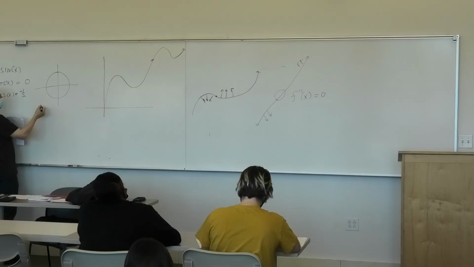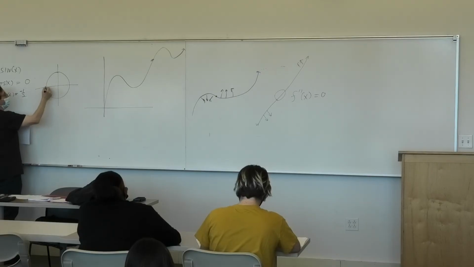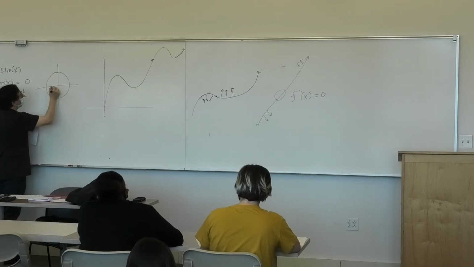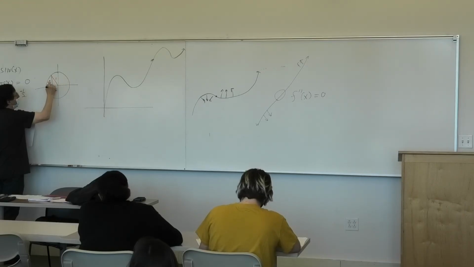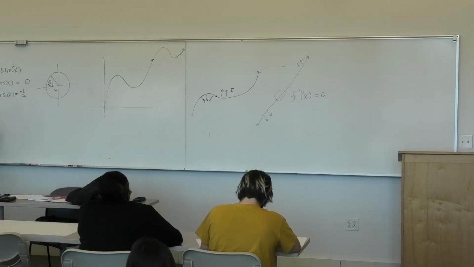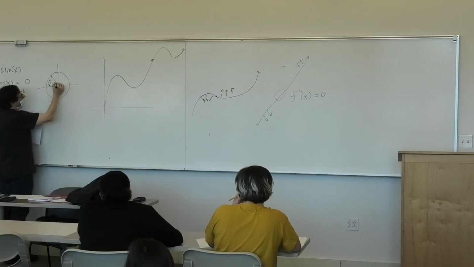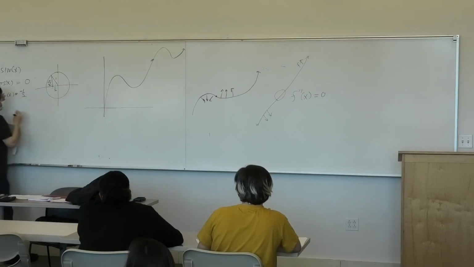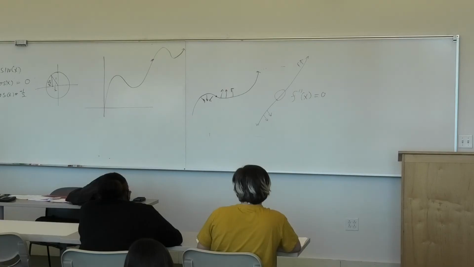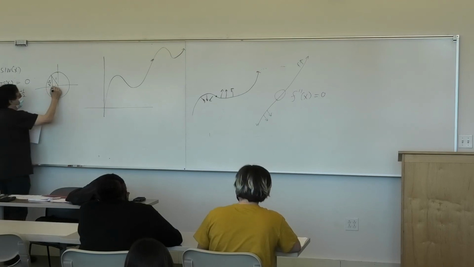Our cosine is the x coordinate, right? So what's this angle here? This is a 60-degree angle, so 120, what's 120? 2 pi over 3. But also here.